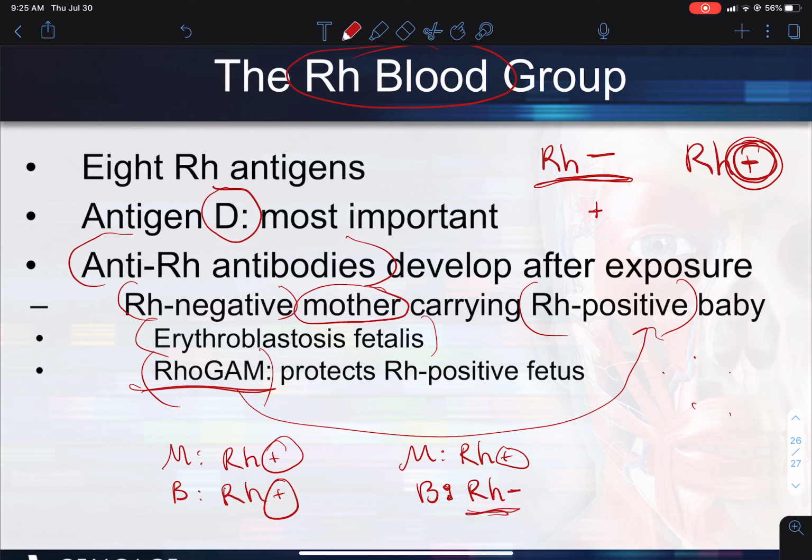So baby isn't really going to respond to the Rh antigen if it comes over. And likewise, mom isn't going to notice that Rh antigen isn't existing in baby. It's only going to notice if something is there that isn't supposed to be there. So it won't attack it. It only really matters if mom is Rh negative and baby is Rh positive. That's the only time that it matters.